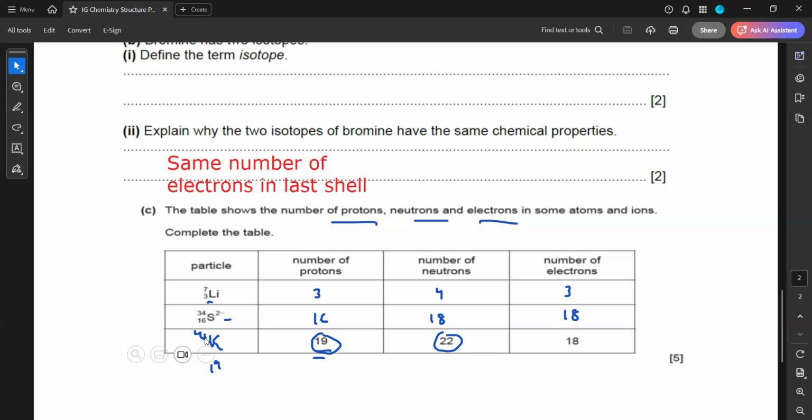From the periodic table, don't copy the nucleon number, because in the periodic table, potassium is written as 19 and 39. And this is an isotope of potassium. So whenever you solve such a question, you are not supposed to write the nucleon number from the periodic table. Only the proton number, you will use the periodic table to write the proton number or identify the element.